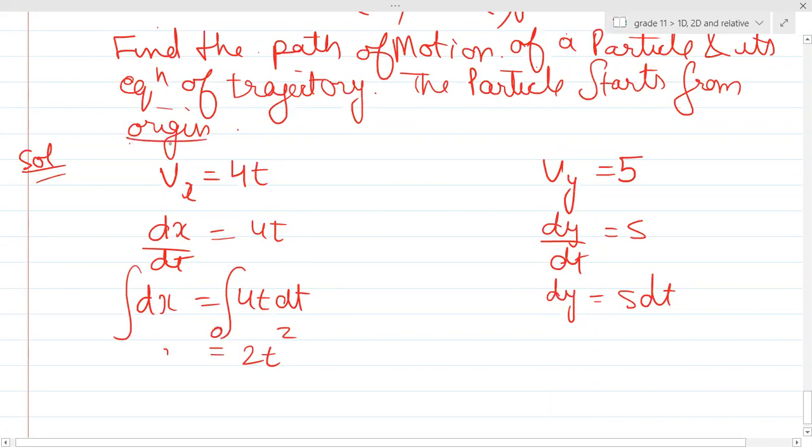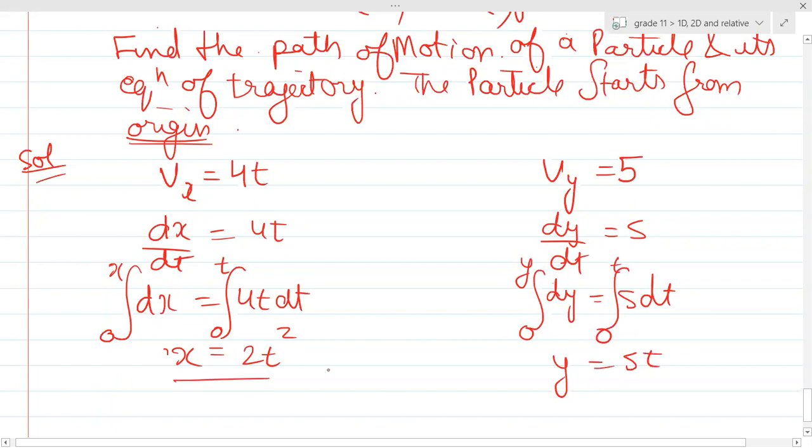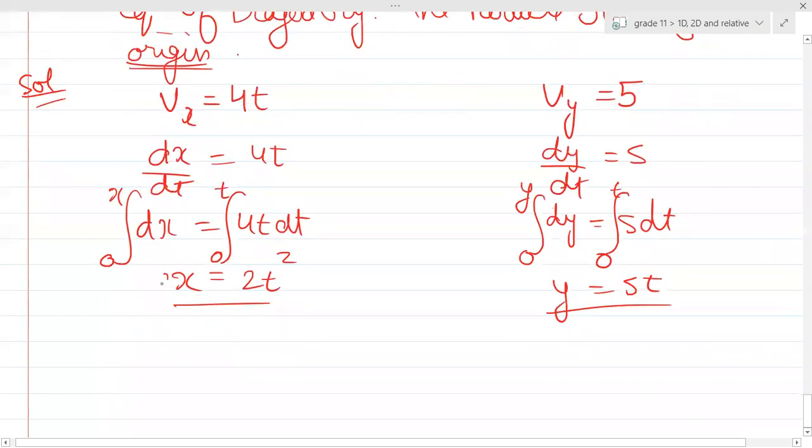So they will always give you some information which will be eliminating the constant c. So from here, x is basically 2t square, and from here, y is basically 5t. So once you got x and y, now can you see x as a function of time and y as a function of time?